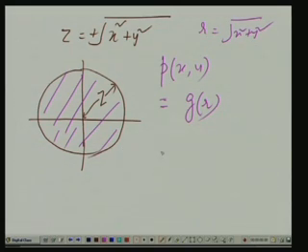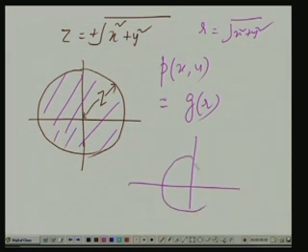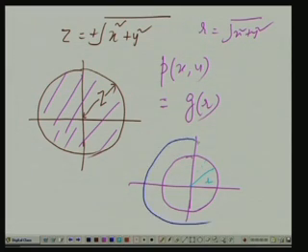Now, let us consider a circle here of radius r, and then you take another circle of radius r plus dr. Okay.